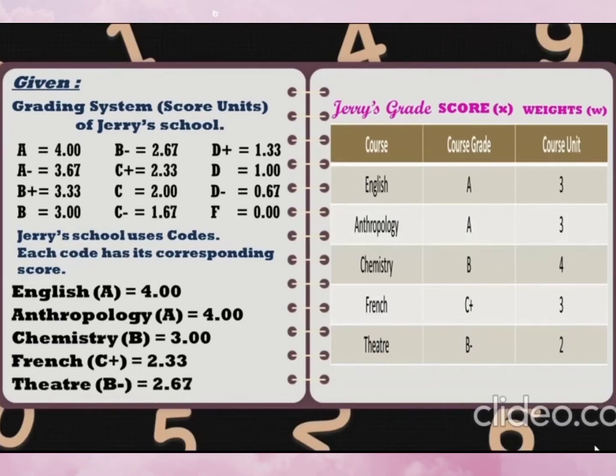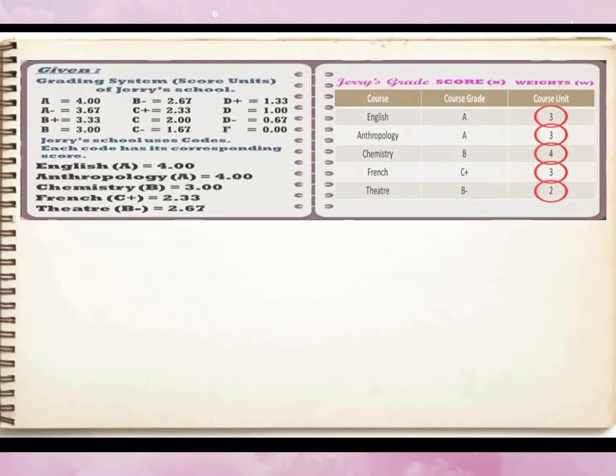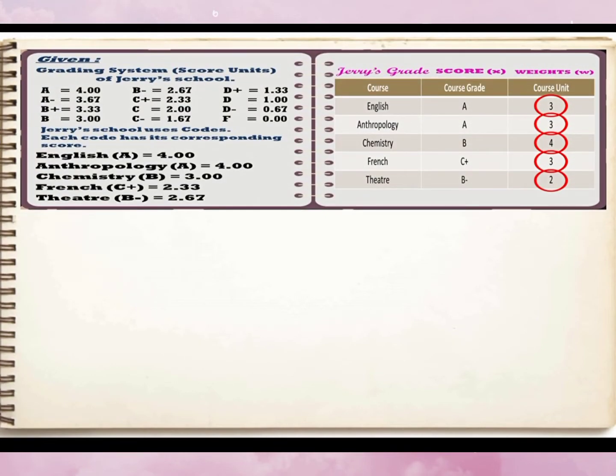And lastly, for Theater, a grade of B negative with 2.67. And now we have all the given X as his grades and all the given W as his course units. So since we already have our given and solution, let's start to compute it using the formula.